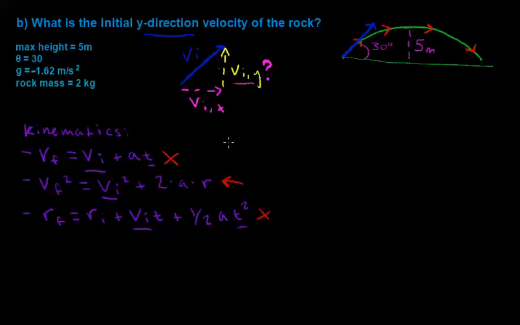And in the end, if it's not, we can reconsider using one of these two, and we can try to find time if that's really necessary. But for now, let's examine this kinematic equation, and let's rewrite it in terms of the y direction so that we can connect our initial velocity to be in terms of the y direction.